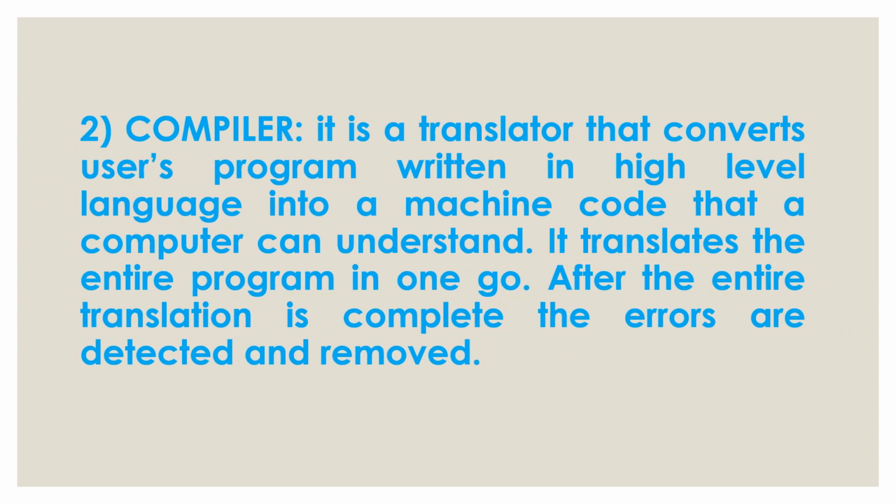Second, compiler. It is a translator that converts a user's program written in high-level language into machine code that a computer can understand. It translates the entire program in one go. After the entire translation is complete, the errors are detected and removed.